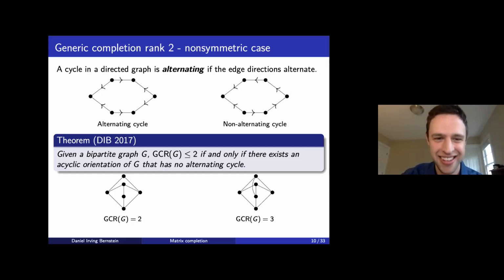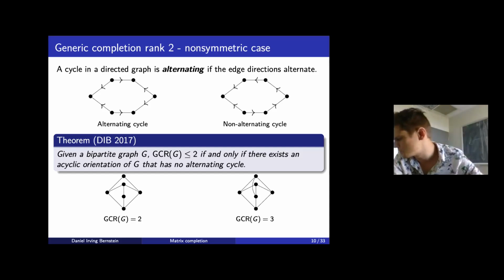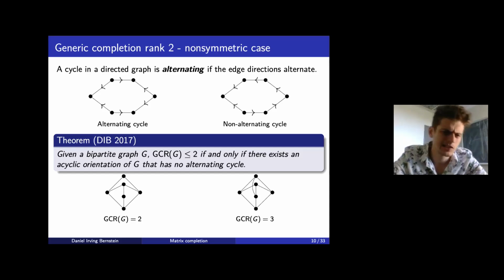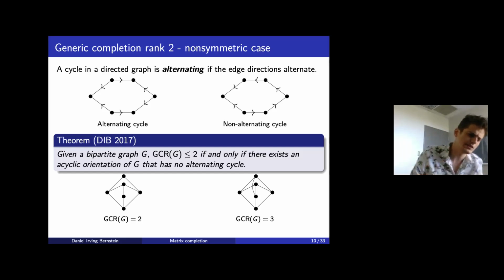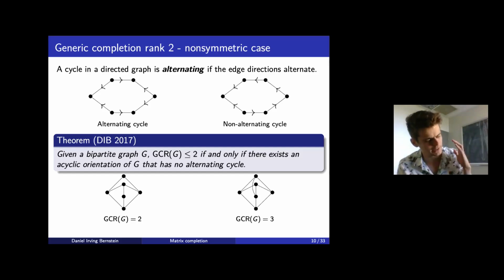Right. Yeah. Thanks. So I have a brief question. If you try to compute this, the generic completion rank, can you actually parameterize the actual completions? I don't know exactly how to phrase the question.